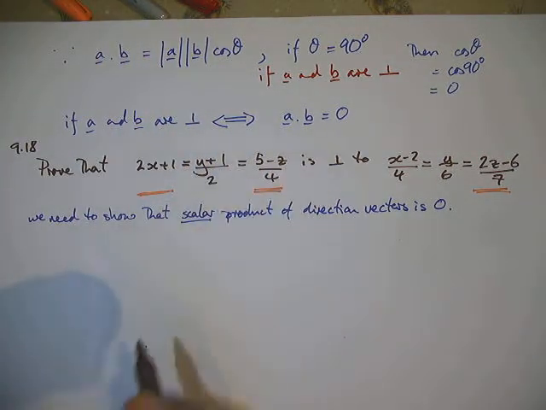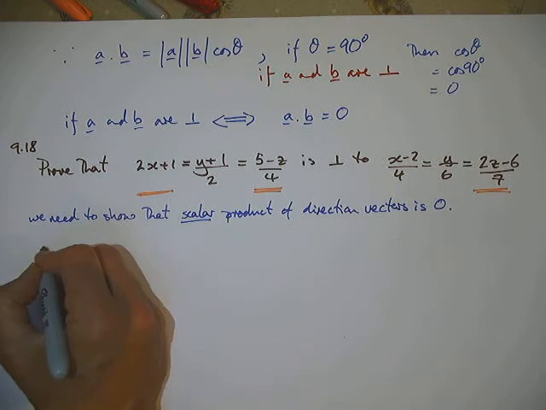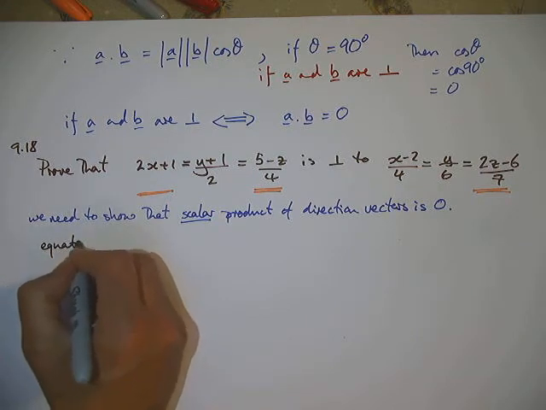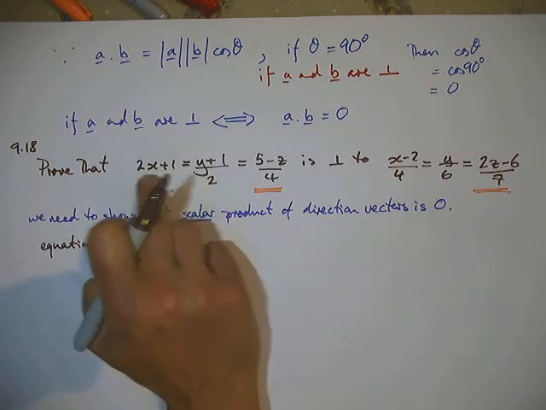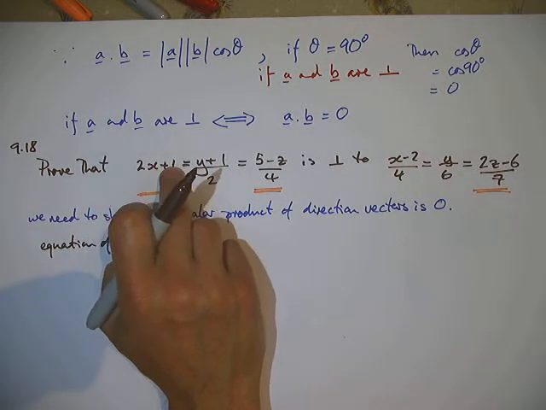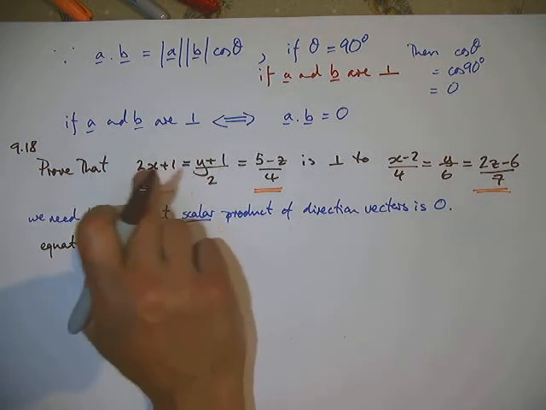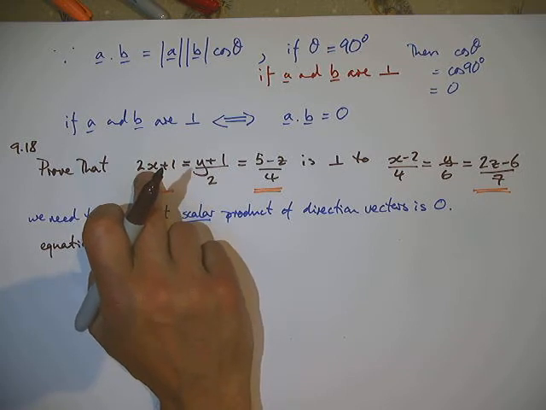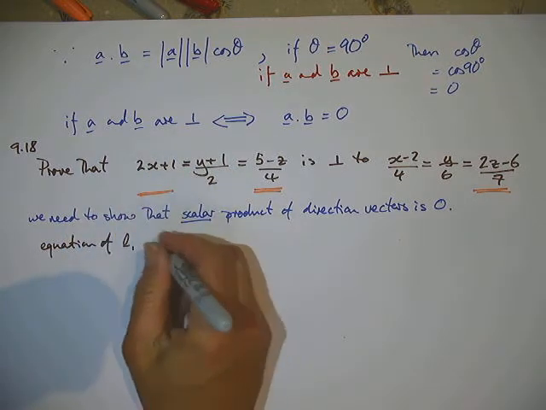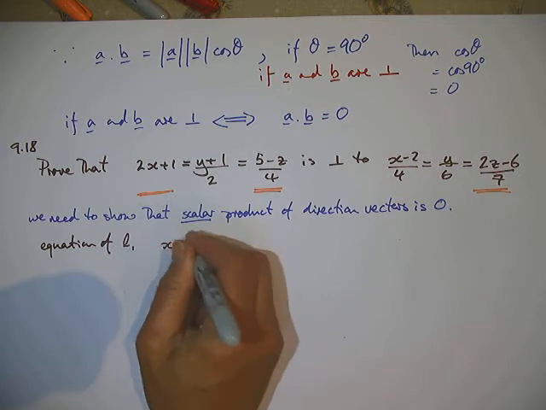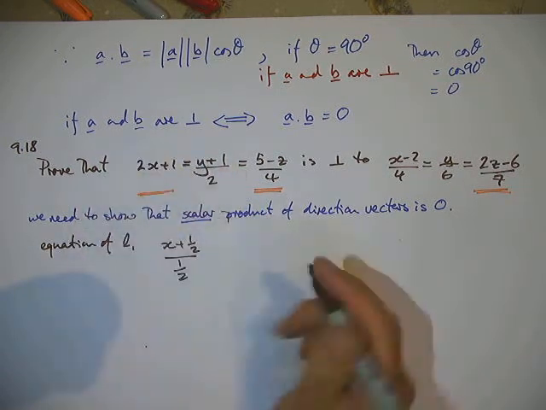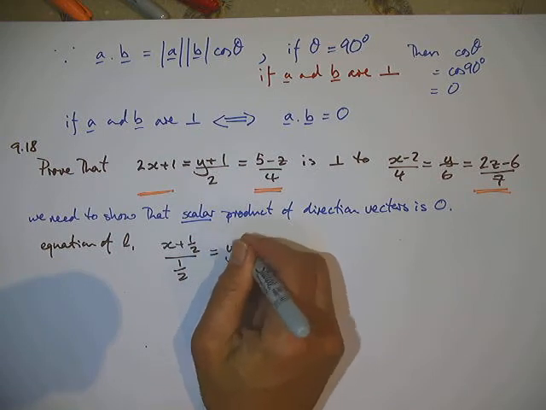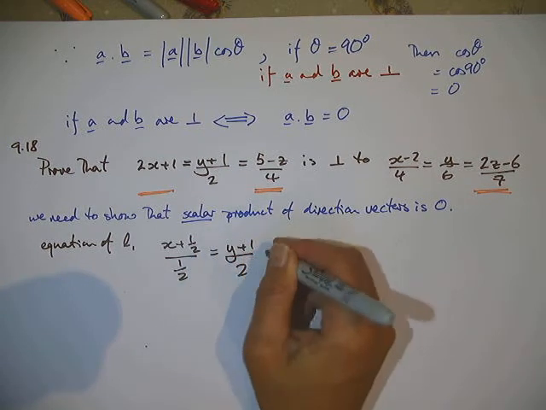So if we call this one line 1, the equation of line 1 needs to be an x plus something. How do we do that? We can halve that value. So you need to halve the numerator and denominator. So we get x plus a half over a half, which is the same as that. y plus 1 over 2.